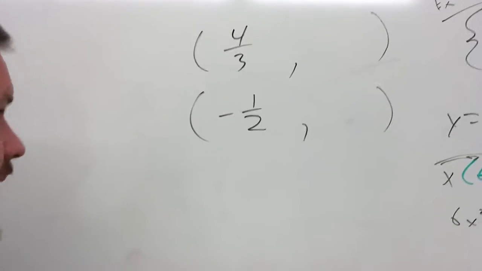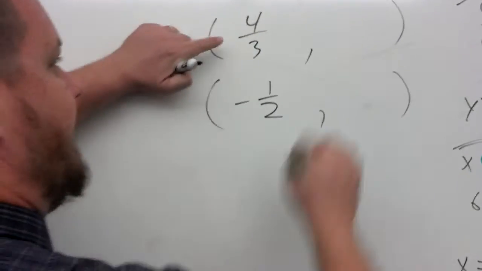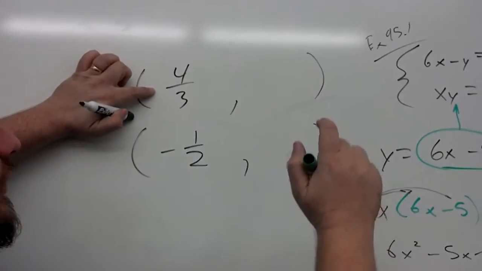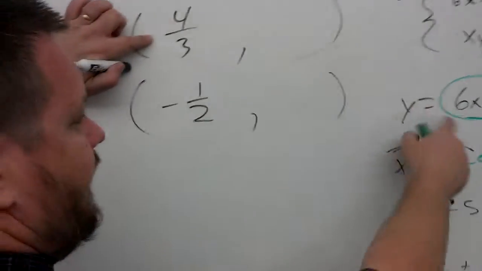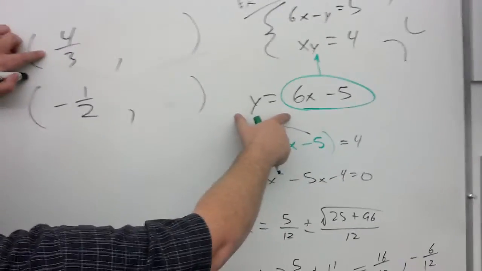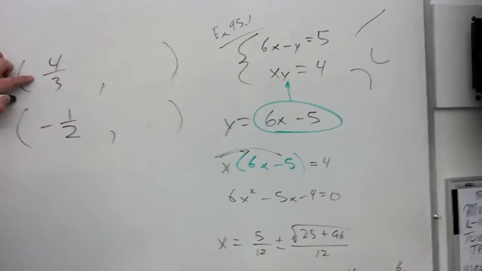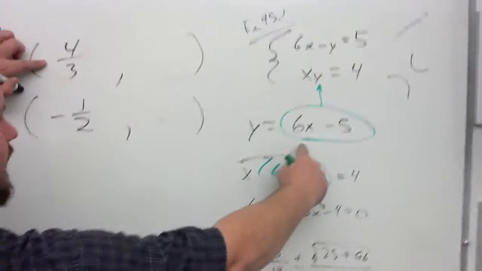Now that I know what the two possible x values are, I have to figure out the y that goes with each x, and I can use any of these equations. Usually whatever we solved for, like this, is the easiest one. Let's do this then.